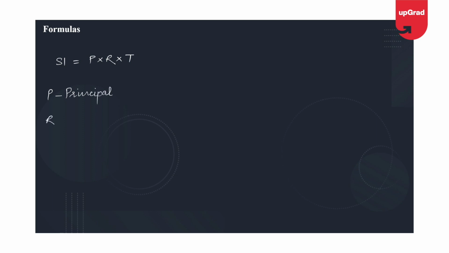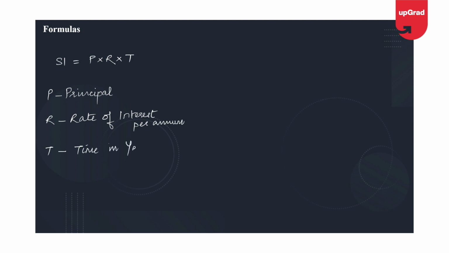My R stands for rate of interest, and obviously this rate of interest is per annum, and my T stands for time in years.